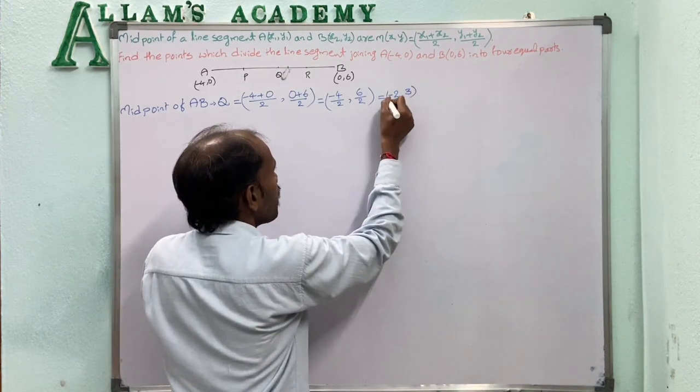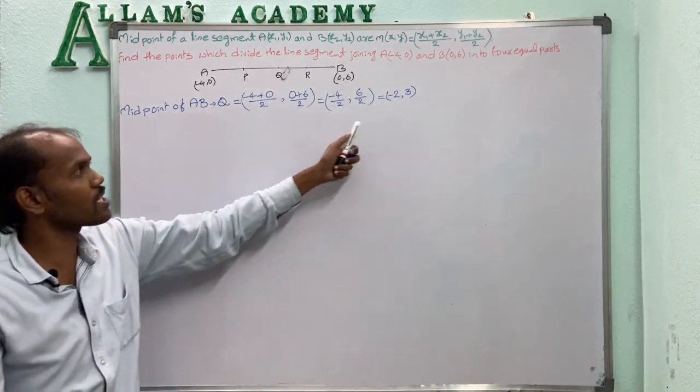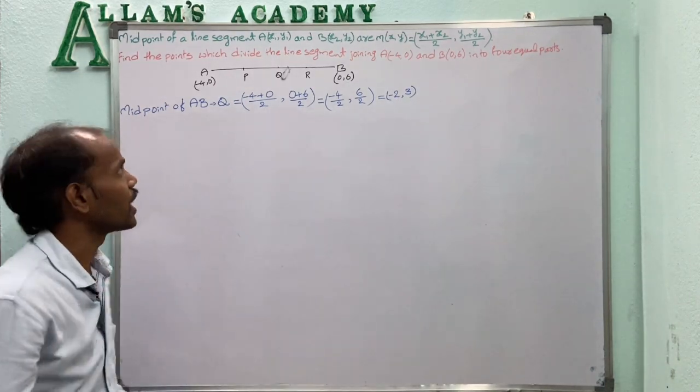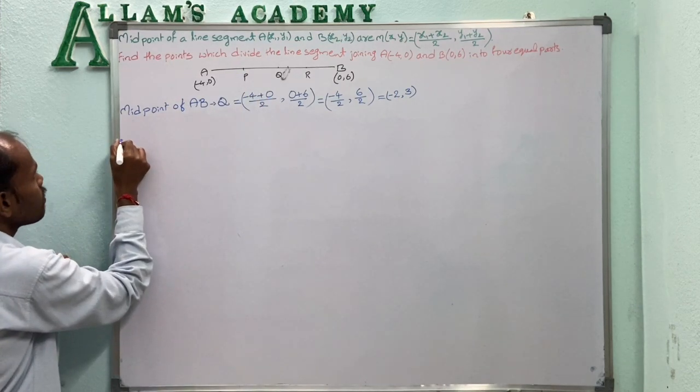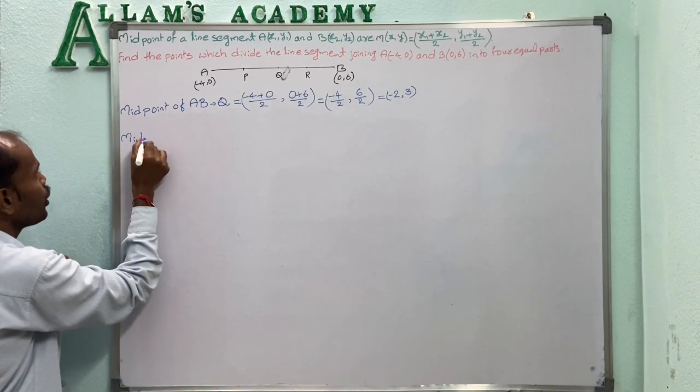That means the midpoint Q of AB is (-2, 3). Now finding the midpoint P, that is the midpoint of AQ.